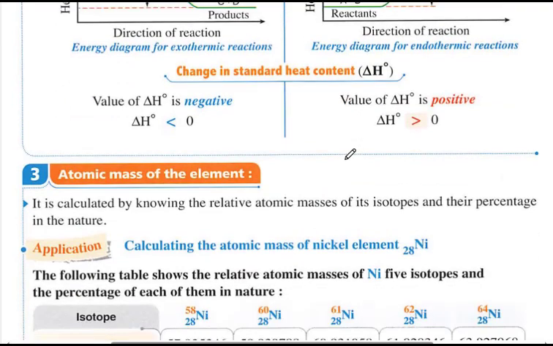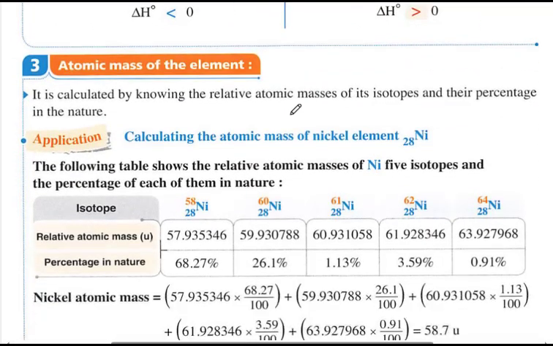Let's have another idea: atomic mass of an element. Atomic mass of an element, we can calculate it using the relative isotopes and their percentages. How can we calculate it? Here we have an example.